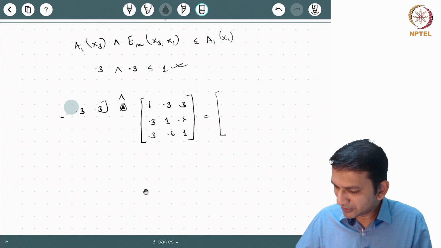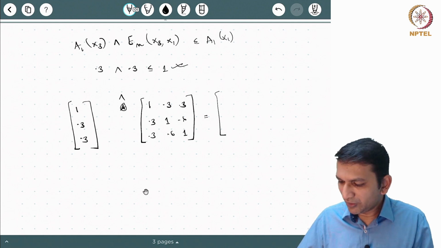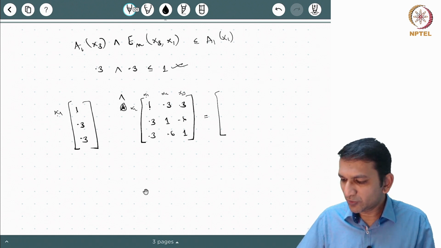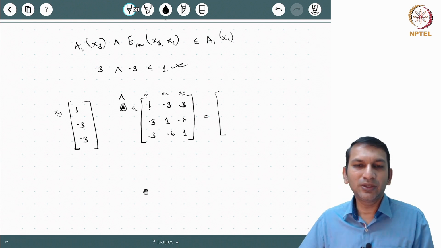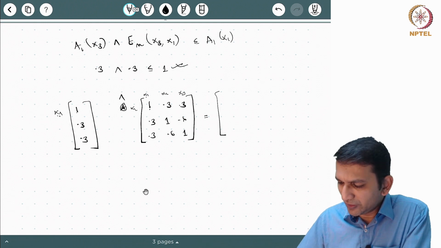Perhaps it is easier to write A1 as a column vector, (1, 0.3, 0.3). So now all we are going to do is take 1 and multiply with this, because this is x1 for us. So x1 into E of x1, x1, x1 into E of x1, x2, and see whether it is less than or equal to the corresponding A1 of x1 or x2 or whatever we write here.